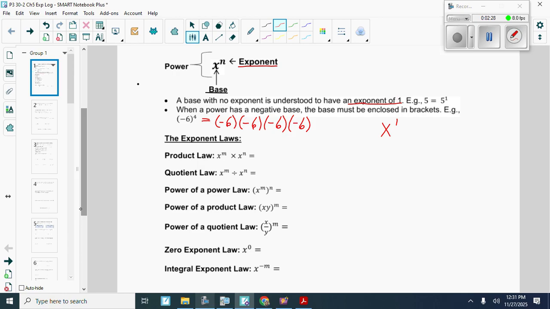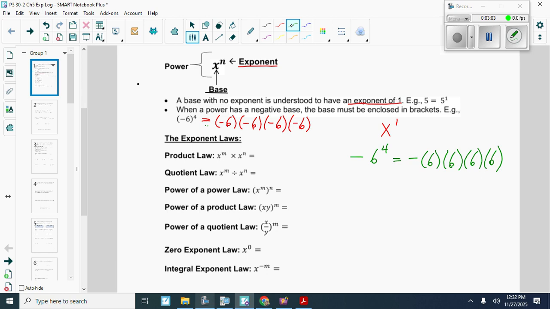If you were to have left the negative outside, if there was no brackets, this actually means that the negative gets left out in the cold, and we multiply 6 by itself 4 times, which gives us a very different answer. Well, it gives us a similar answer, except the sign differs, because a negative times a negative is a positive, times a negative is negative, times a negative is positive.